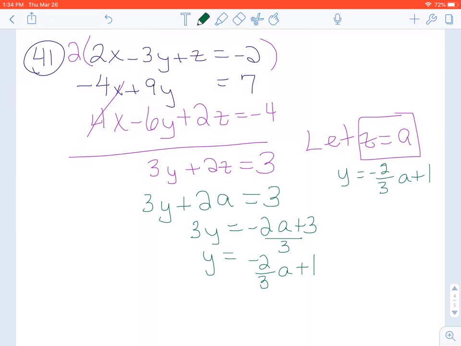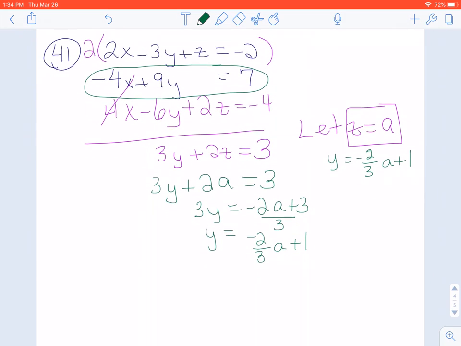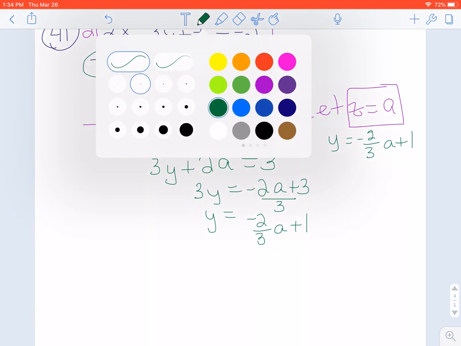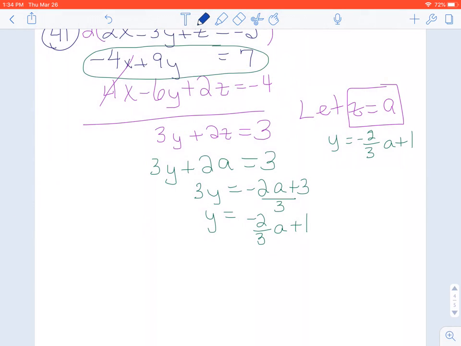Now we need the x variable. If we look at this second equation right here, notice that it's just x and y, so it's probably really easy to solve for x when only one other variable is in the equation. So I'm going to use that equation. We have negative 4x plus 9, and we just found y to be negative 2/3 a plus 1, and that's equal to 7. Using this equation, I only have to worry about plugging in for the y and not the z.